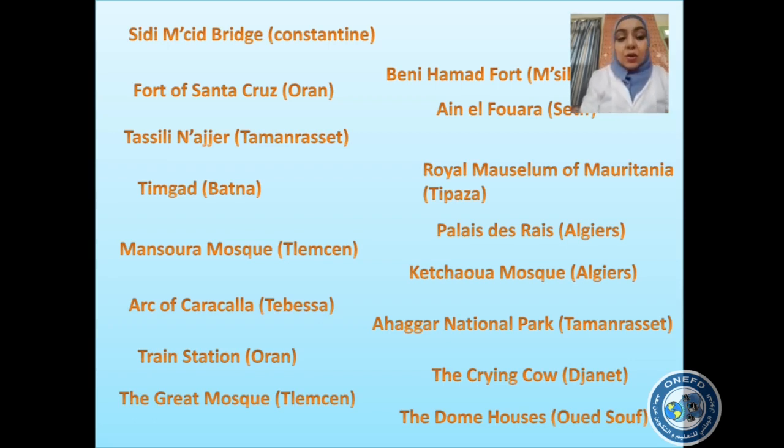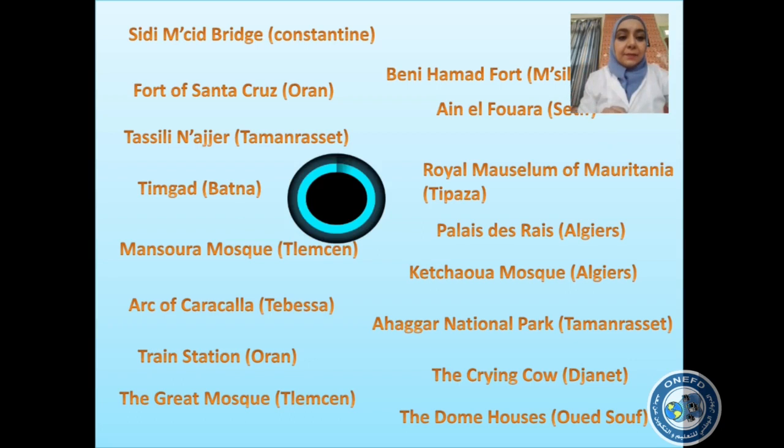Now try to classify them according to their region, east, west, north and south. Few seconds. It's an easy task. You know Algeria and you know its wilayas and its regions.